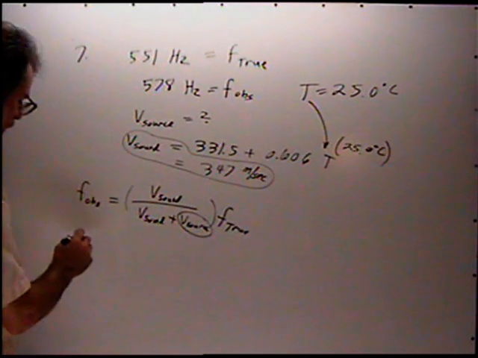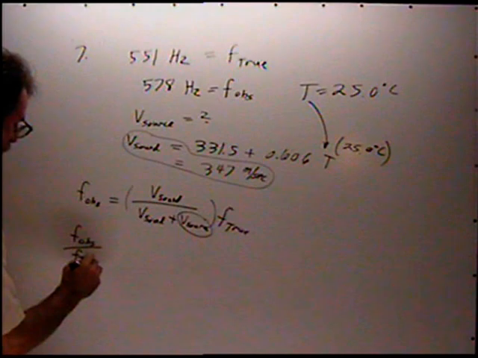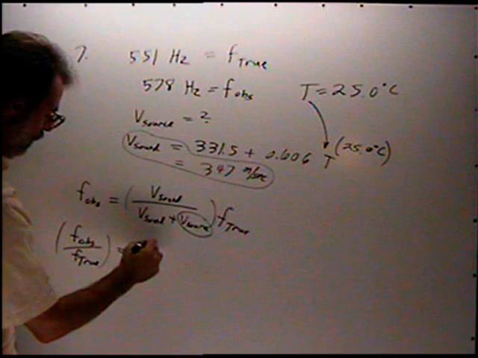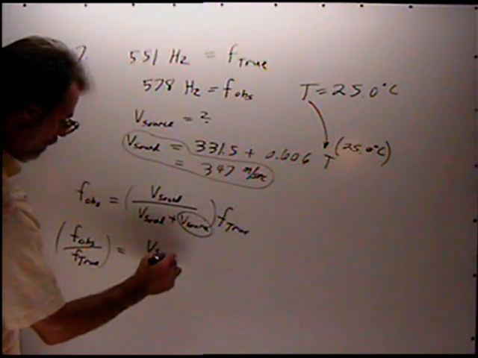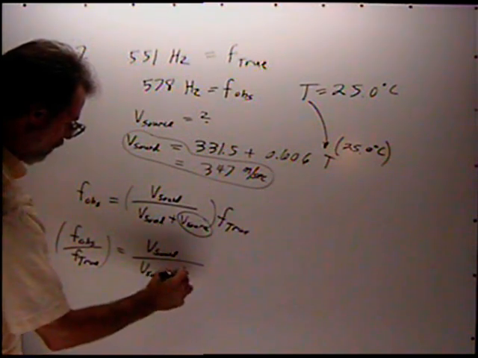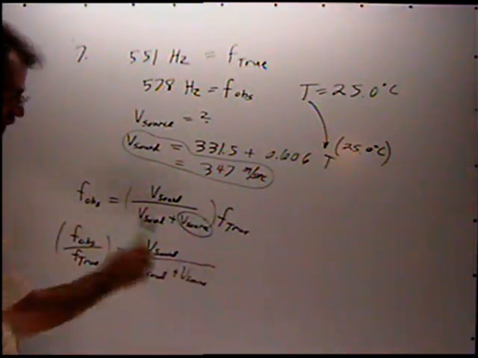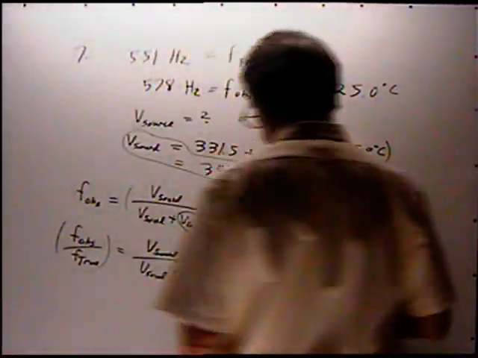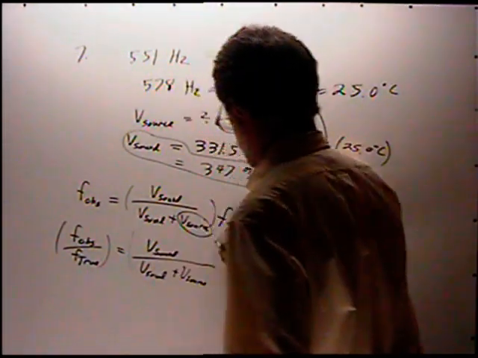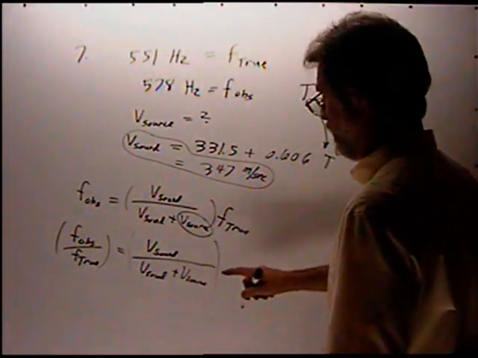So let's come over here. F observed divided by F true, that ratio is equal to the velocity of the sound divided by the velocity of the sound plus the velocity of the source. Okay? We have to solve for this. Well, you could do a number of things.